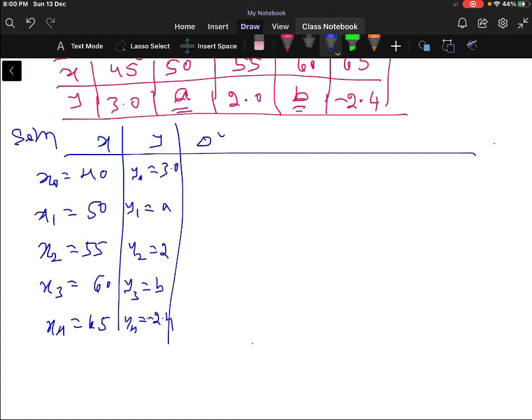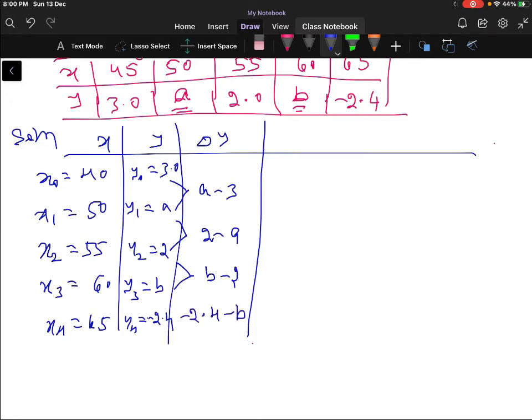Let us construct the first forward difference of y. y1 minus y0, it means a minus 3. Then 2 minus a, b minus 2, minus 2.4 minus b. So these are the first forward differences.